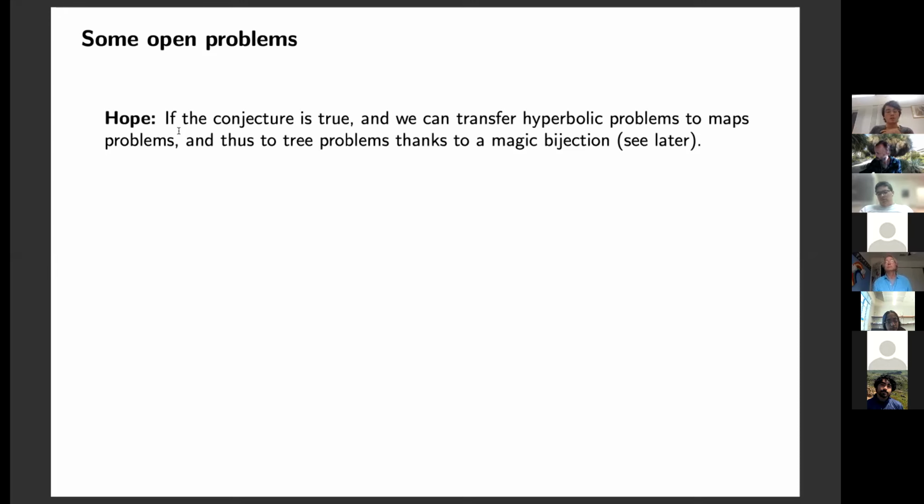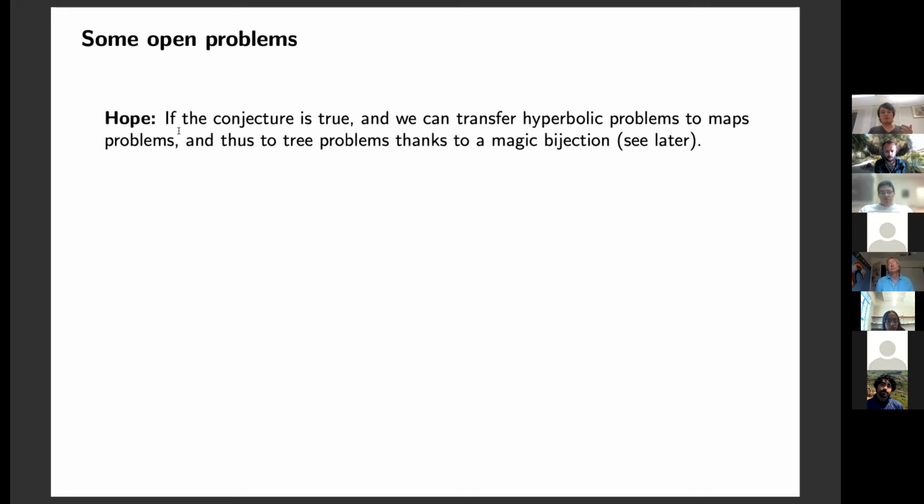For instance, if the conjecture is true in a strong enough sense, it means that some of the problems that are still open on hyperbolic surfaces, we can transfer to map problems. And unicellular maps are very nice because they are in bijection with some model of trees. So we will translate these hyperbolic problems into problems of random trees. This is due to a so-called magic bijection that I'm going to talk about later.